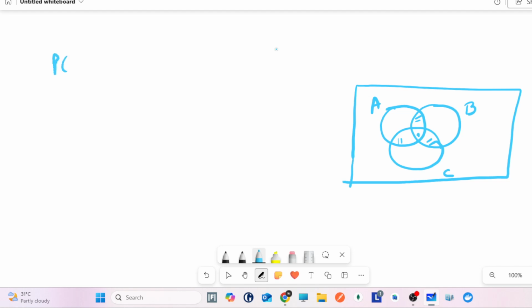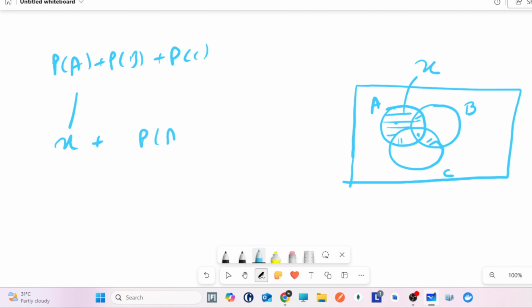So if you add P(A) plus P(B) plus P(C) here, what do you get? What is P(A)? This portion. So P(A) is nothing but, say this one is x, so P(A) is x plus P(A intersection B) plus P(A intersection C), this and this portion, right?